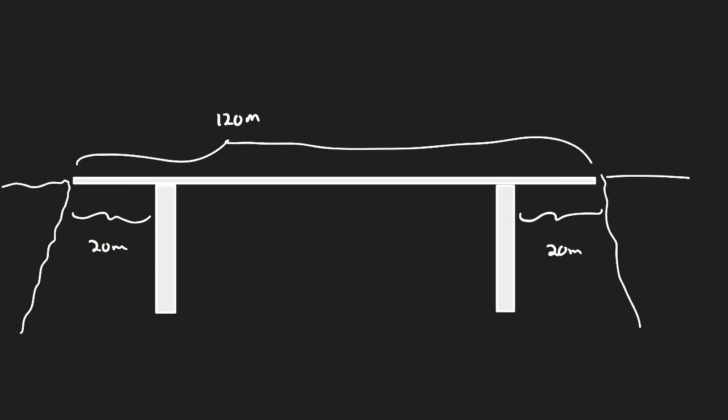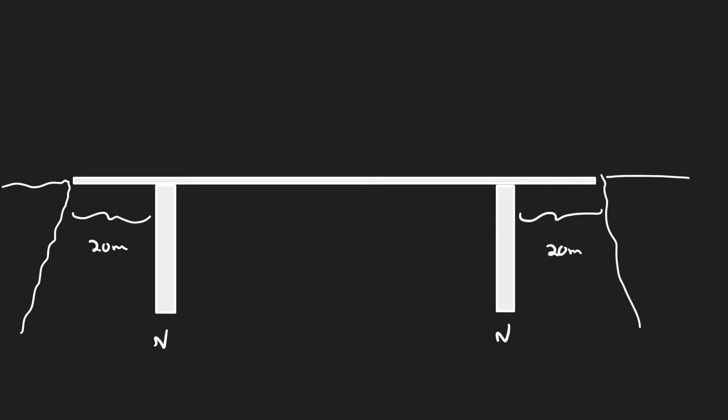Now, here's what I want you to consider. A truck drives across the bridge. Now, as the truck drives across the bridge, it could be anywhere on the bridge. Does it make sense that the pylons are going to provide normal forces that are going to change as the truck drives across the bridge? Let's put the truck here, and say that it is 2,000 kilograms located 10 meters from the inner pylon.